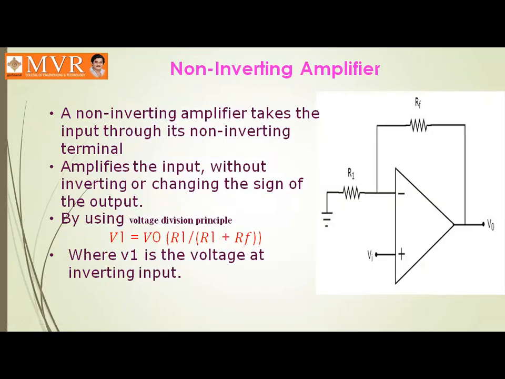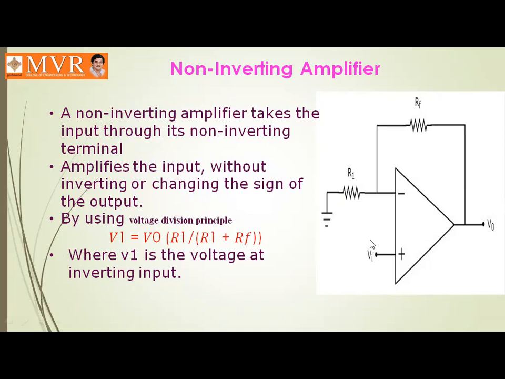Next, we are going to discuss Opamp as a non-inverting amplifier. So what is this Opamp and how is it going to work as a non-inverting amplifier? Here we are giving the input to the non-inverting terminal, and we are going to make the inverting terminal grounded through R1.